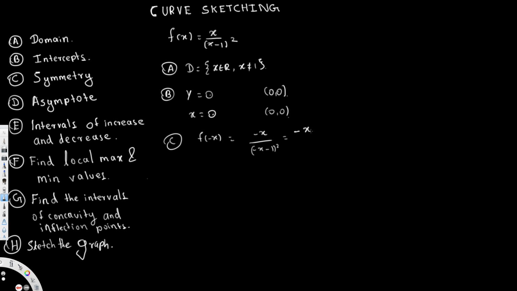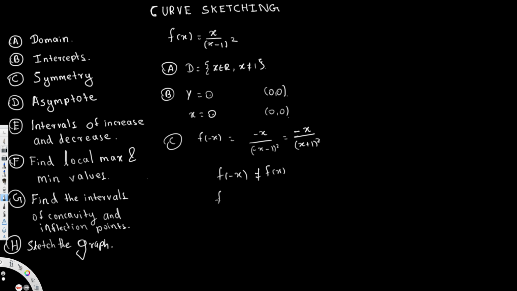Therefore, this is minus x over x plus 1 squared. To be even symmetry, f of minus x should be equal to f of x. But that's not true, because the original equation and this equation are not the same. Therefore, this is not an even symmetric function.